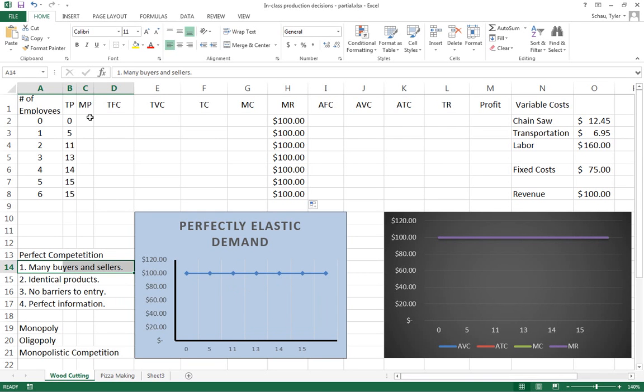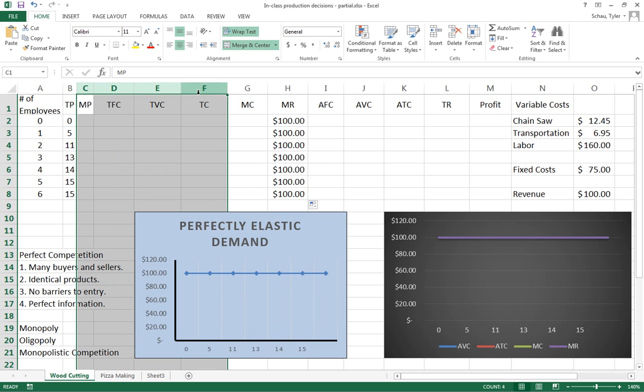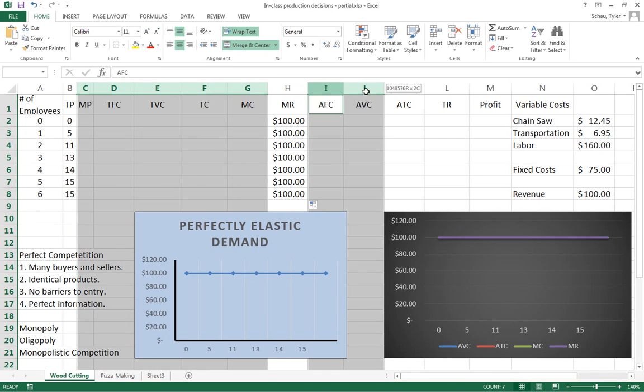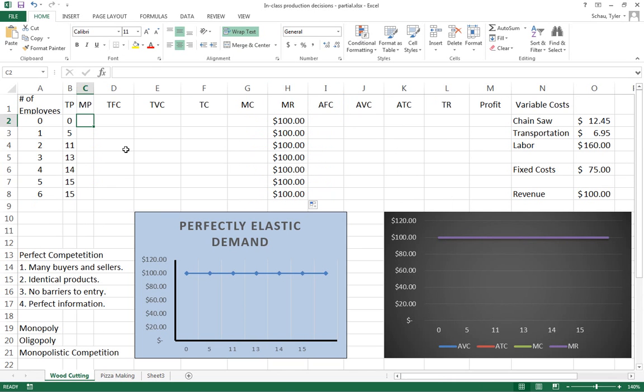The first couple columns here, so marginal product, total fixed cost, total variable cost, and really marginal cost, and then again average fixed cost, average variable cost, average total cost, we kind of looked at in the last chapter. So some of this stuff's going to be review. Remember, marginal product is the marginal product.